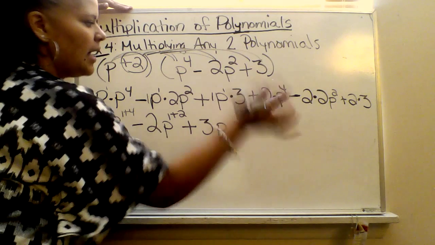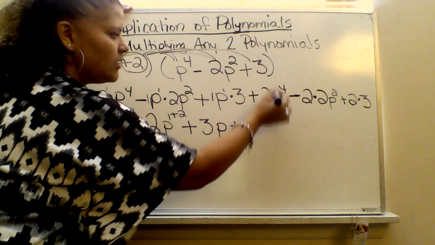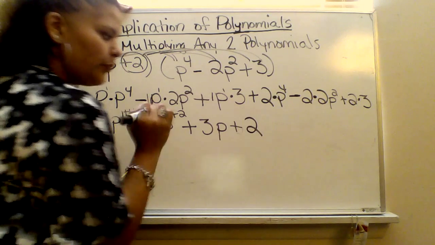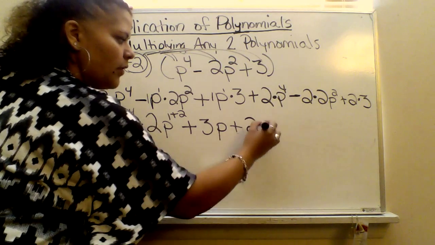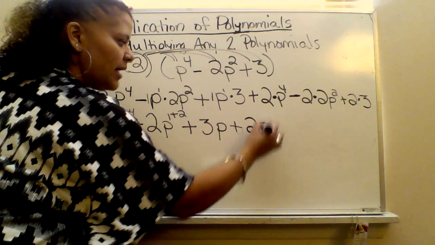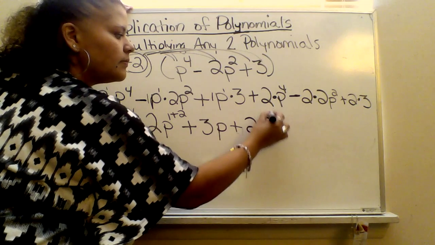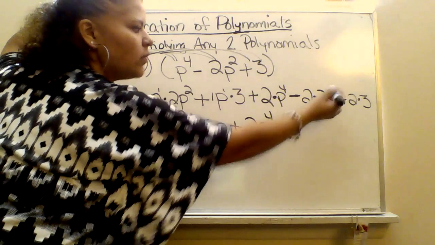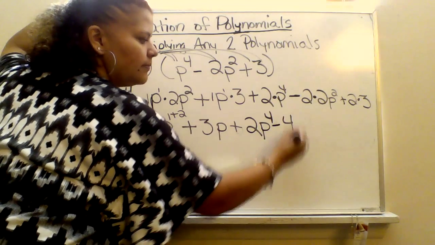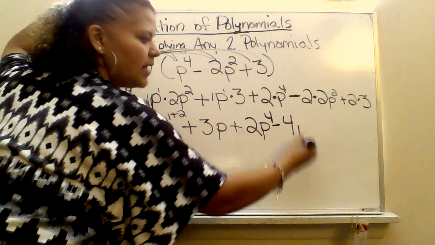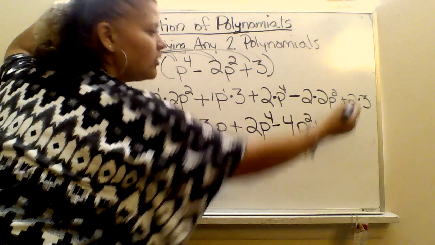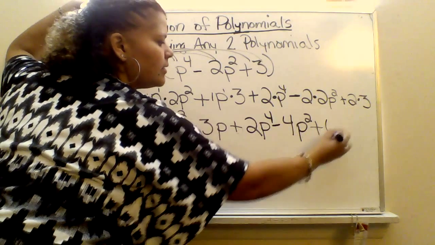Plus, then I have 2 times, and the p has no coefficient, so that's 2 times 1, which is 2. And then I have p to the 4th, nothing to combine it with, so I'll just bring that down. Minus, now I have 2 times 2p squared. 2 times 2 is 4. And p squared doesn't have anything to combine with, so I just bring it down. And then the last term, 2 times 3, 6.